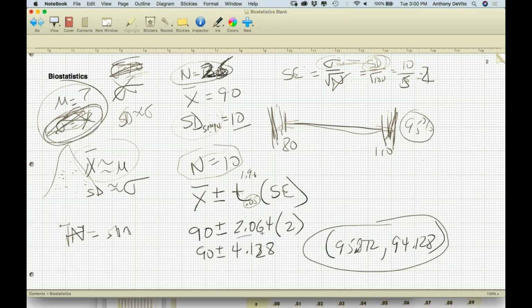Because I used a bigger number to calculate my margin of error when I add and subtract. So it's going to be wider, which makes up for the uncertainty that I had because I didn't know what the population standard deviation is. I had to depend on the sample standard deviation as an estimate for the population standard deviation, and that extra bit of uncertainty, this makes up for it. But now I can have a valid confidence interval for this sample.